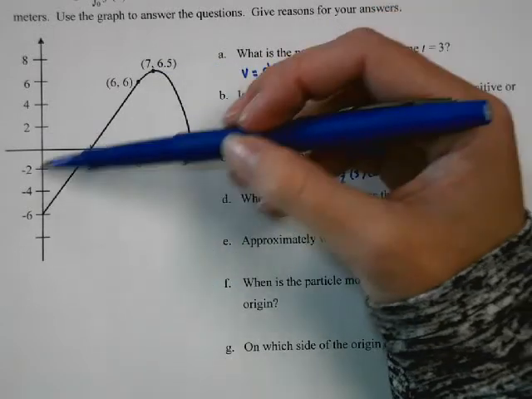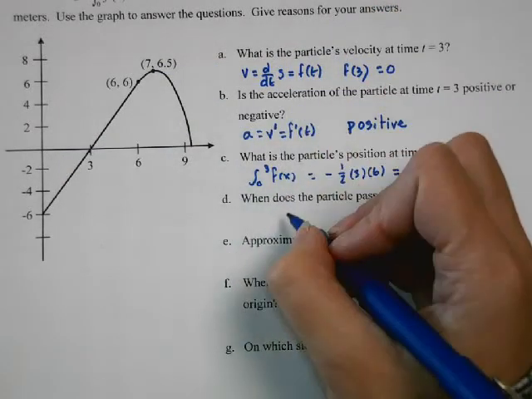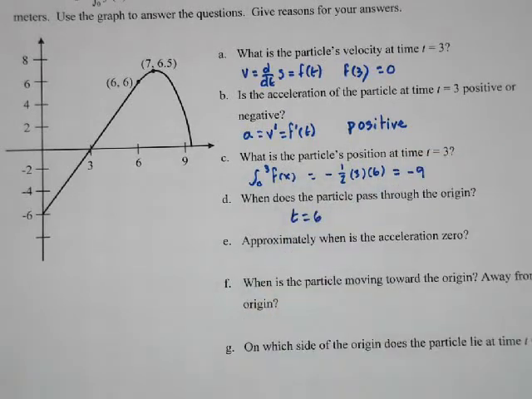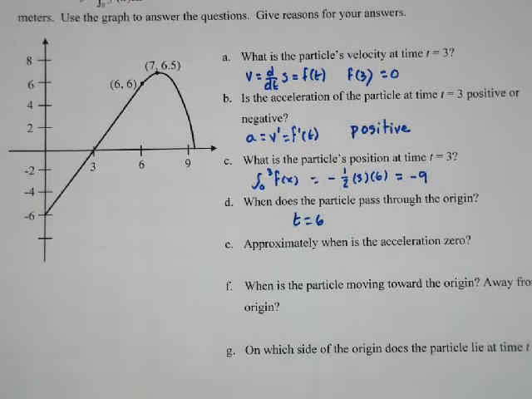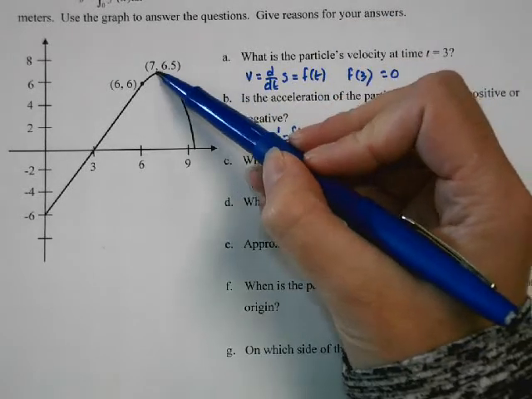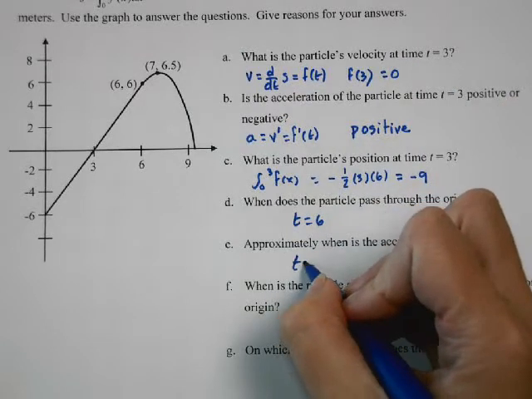At 6, this positive area and negative area cancel, so its position would be 0. Approximately when is the acceleration 0? That's when the velocity's slope is 0, which means this graph has a slope of 0, which would be at t equals 7.